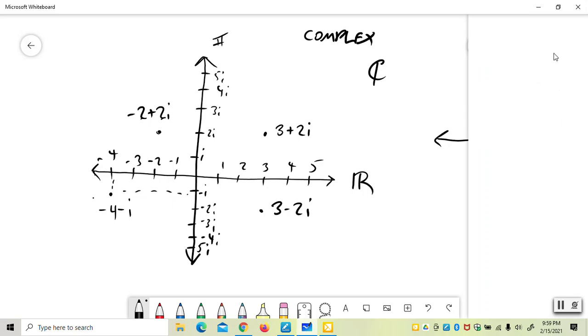So, a complex number, you have a real part plus an imaginary part. That's a double-backed i. That's not the Roman numeral 2.